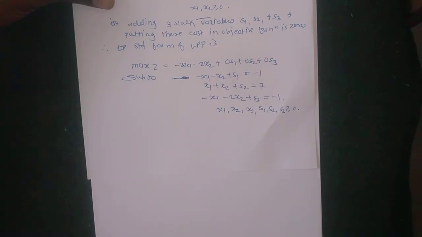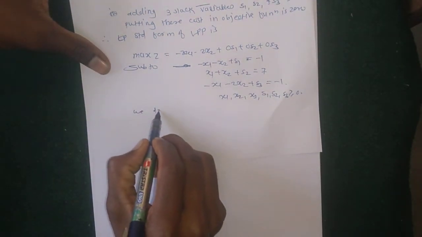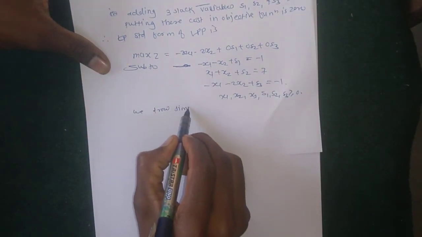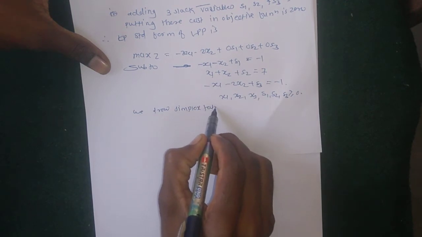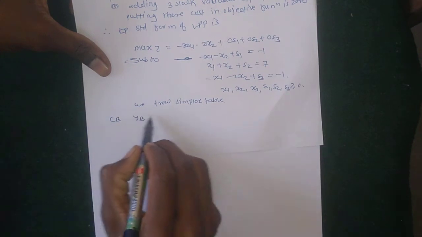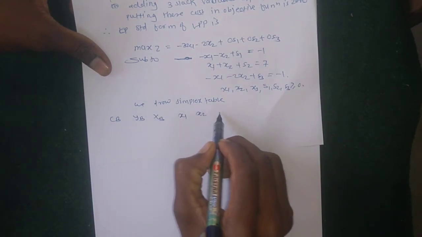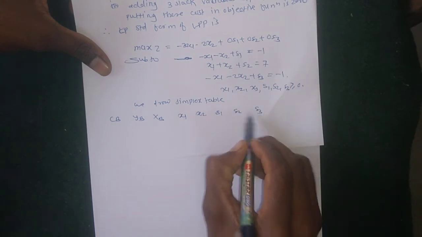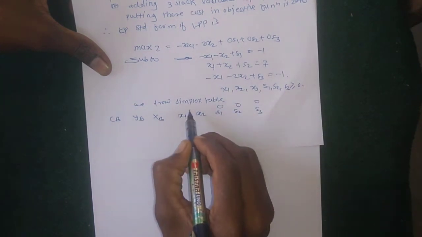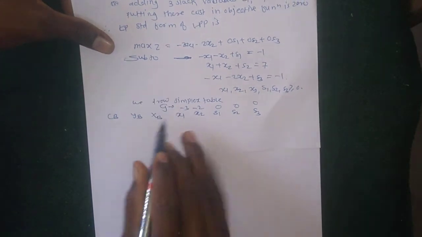We draw the simplex table as in the regular simplex method. Firstly CB, YB, XB, then x1, x2, then s1, s2 and s3, their cost 0 0 0, then minus 3 minus 2 as cj.